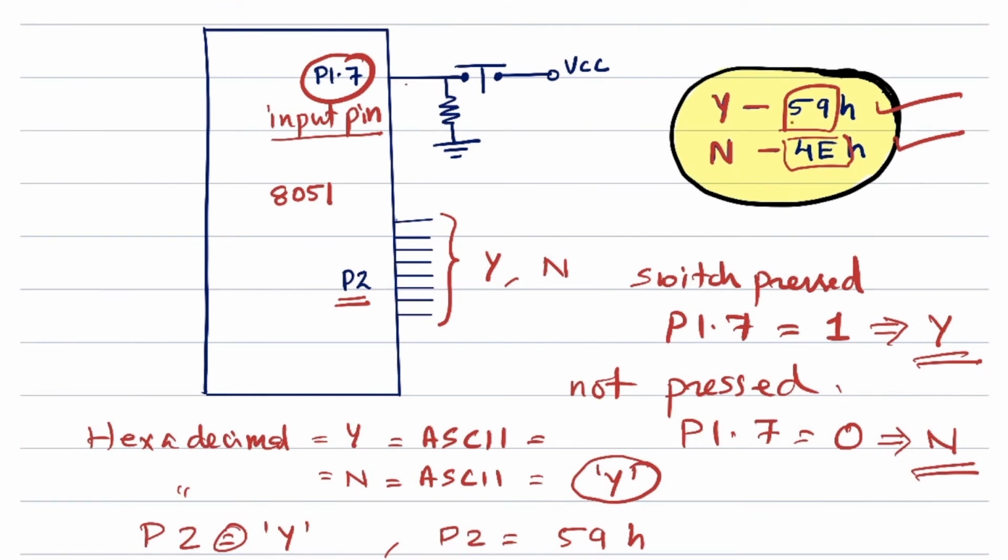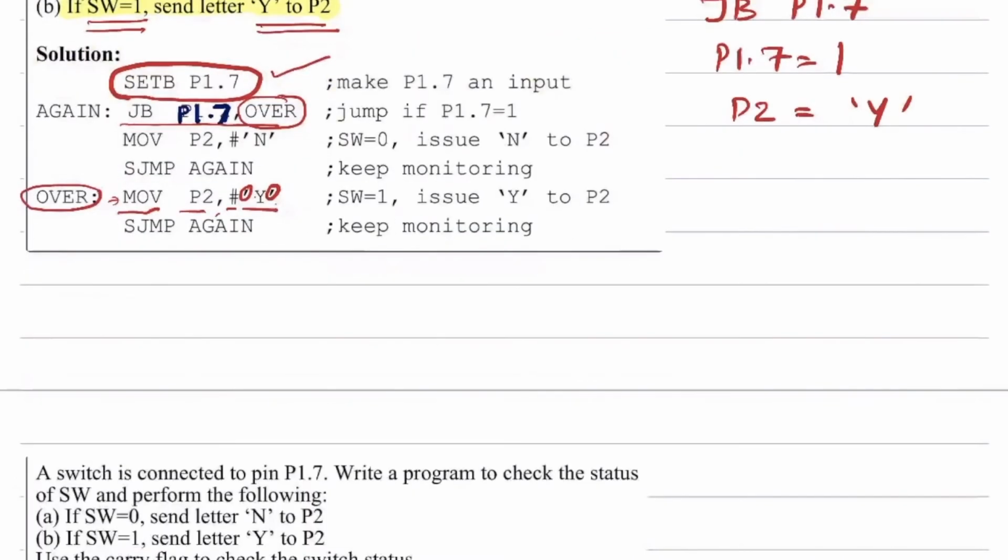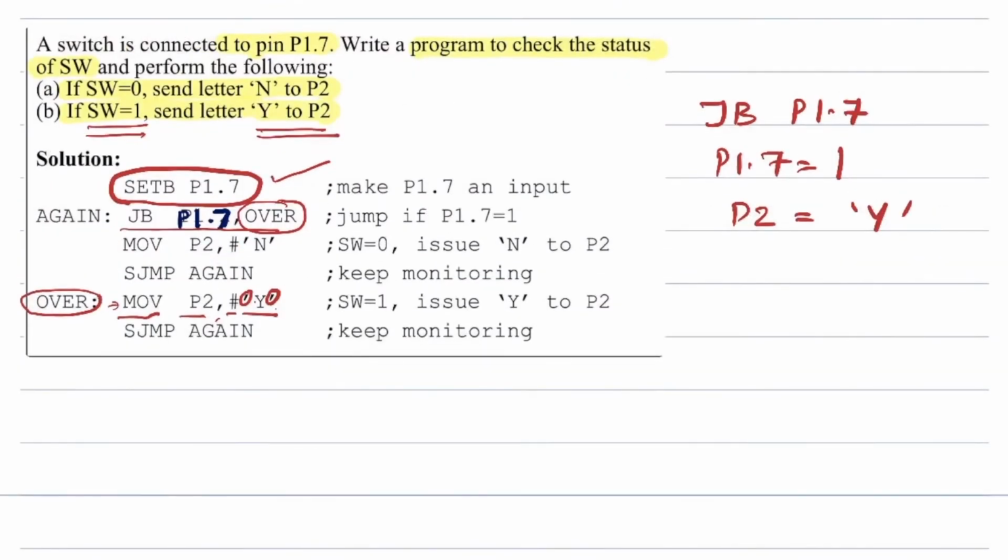It is 59, right? So the moment you say MOV P2, comma hash, then in quotes Y, this line is the same as writing MOV P2, #59H.